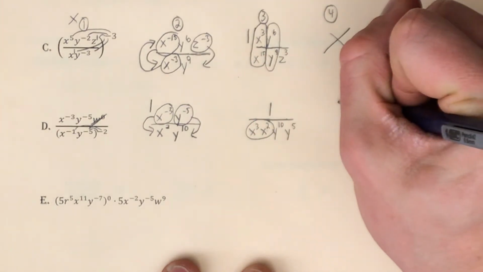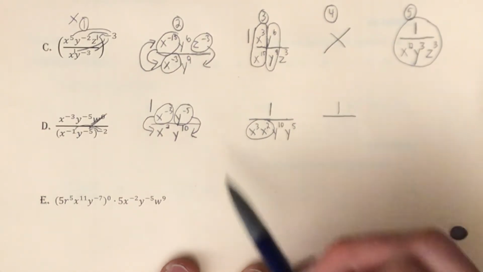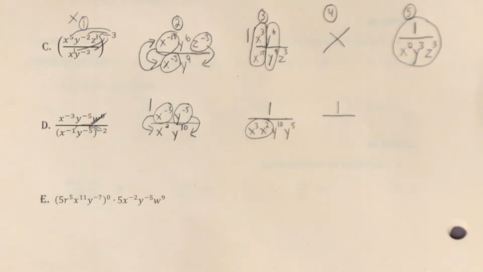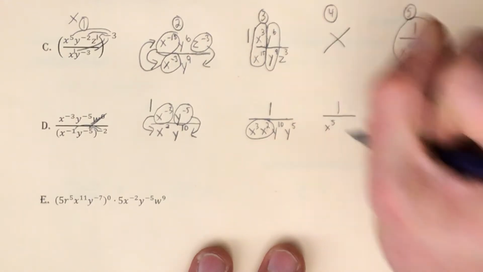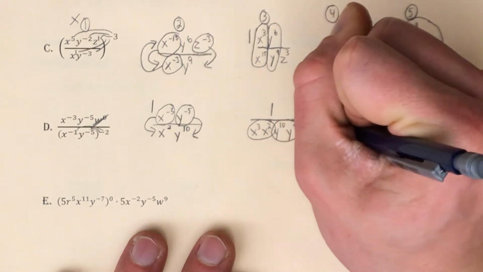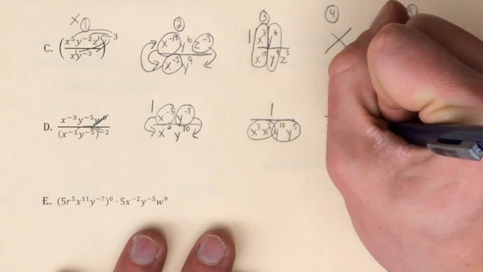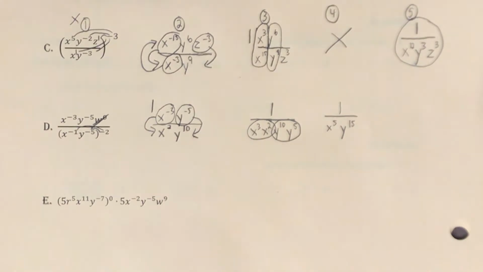So I've got 1 over, well, when we are combining them, we're saying x to the third times x squared. We add the exponents, so that becomes x to the fifth. And then on the other one, I have y's, so I'm going to combine those as well. So I add those exponents, and that becomes y to the 15th, because 10 plus 5 is 15.